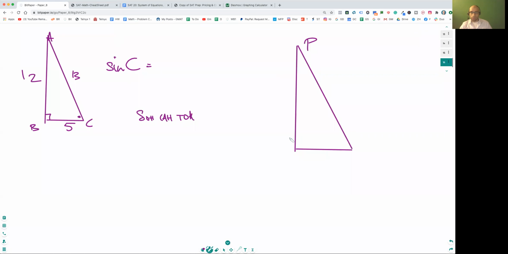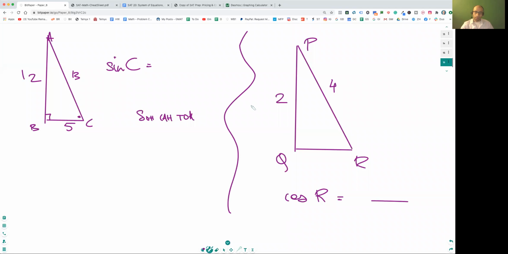Okay, P, Q, R. Let's say this is 4, this is 2, and you're asked what is the cosine of R. So what's the cosine of R?